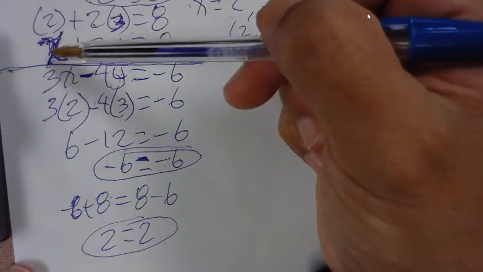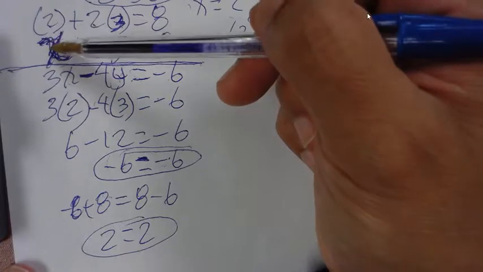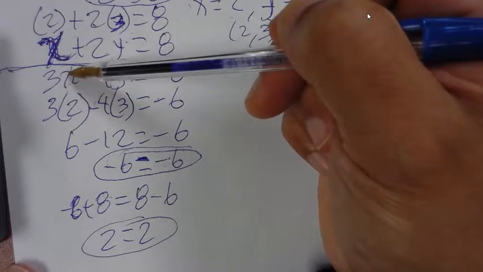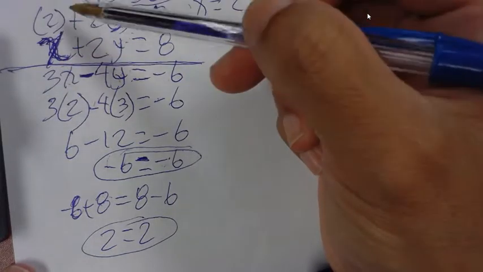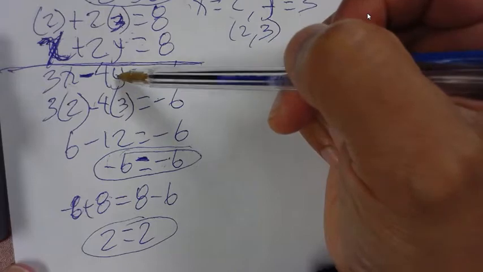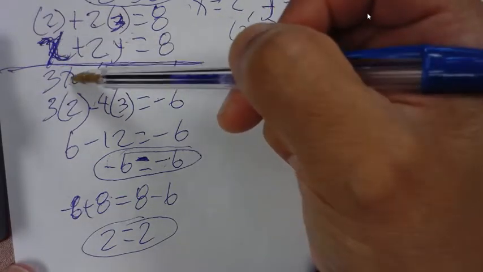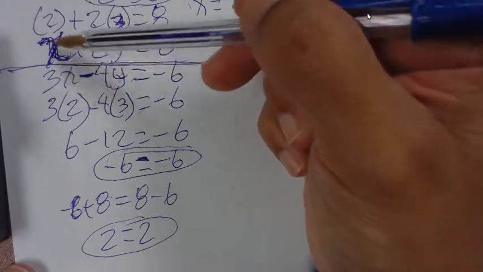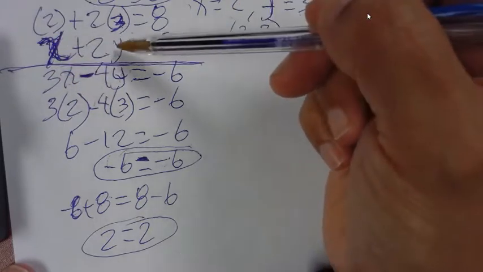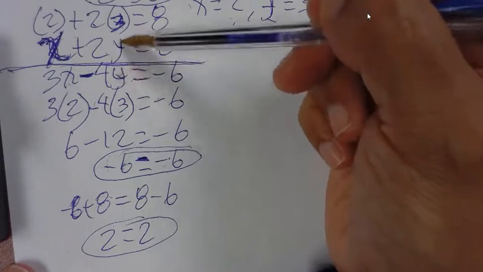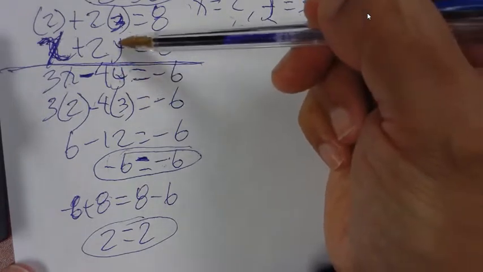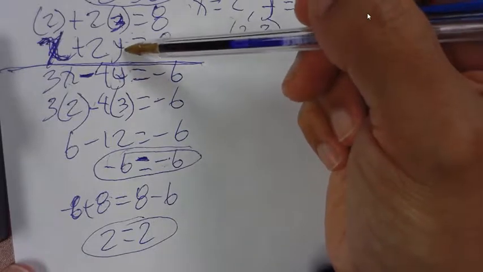If I give this x a value 2, then I should give this x also a value 2, because that's what a system of equations is. Whenever you have two equations and the variables are the same, the author is telling you that that value is the same for both equations. Same for this y. The value for that y should be the same in both equations whenever you have a system of equations.